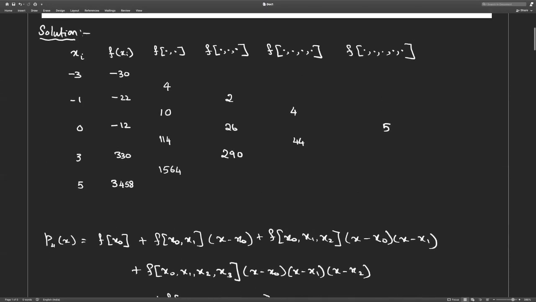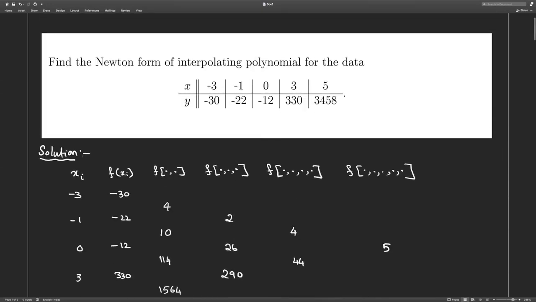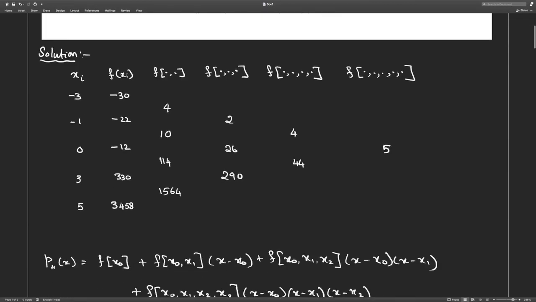Where x0, x1, x2, x3, and x4 are given as -3, -1, 0, 3, and 5 respectively.